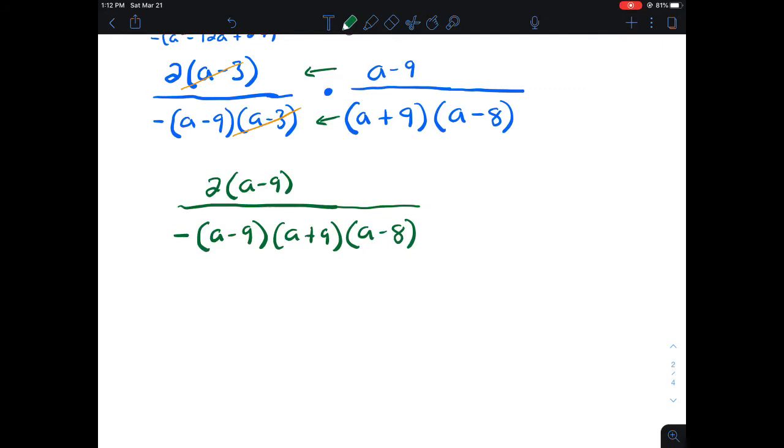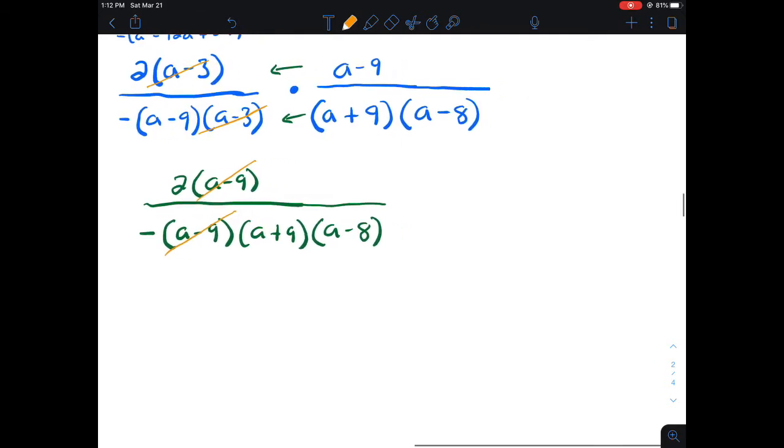And I could cancel some things out here. I could cancel out the a minus 9s. And that's all that cancels. So my simplified form here would be equal to 2 divided by negative a plus 9 times a minus 8.